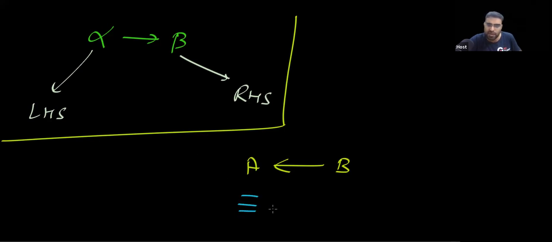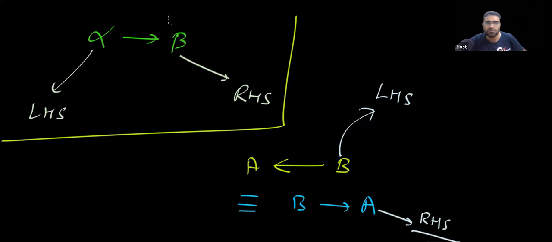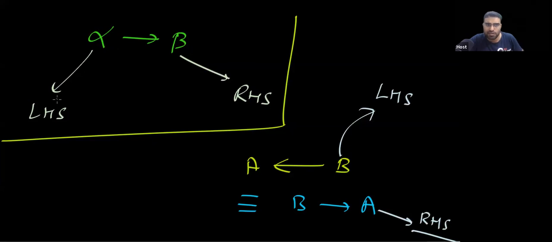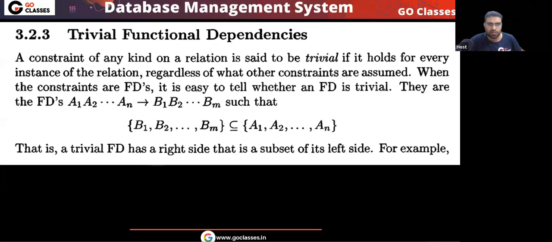Remember, this is same as B determining A. These are same. So this B will be the LHS, and this A will be the RHS. So very simple point. Whenever you have a functional dependency alpha implies beta, then alpha will be LHS and beta will be RHS.